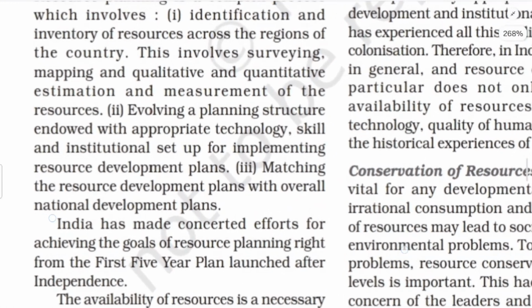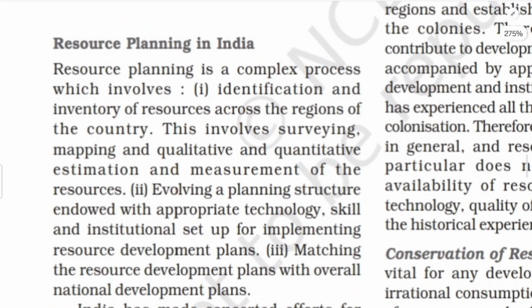Resource planning in India is a complex process. It includes identification and inventory of resources. It involves surveying, mapping, qualitative and quantitative estimation and measurement of the resources.